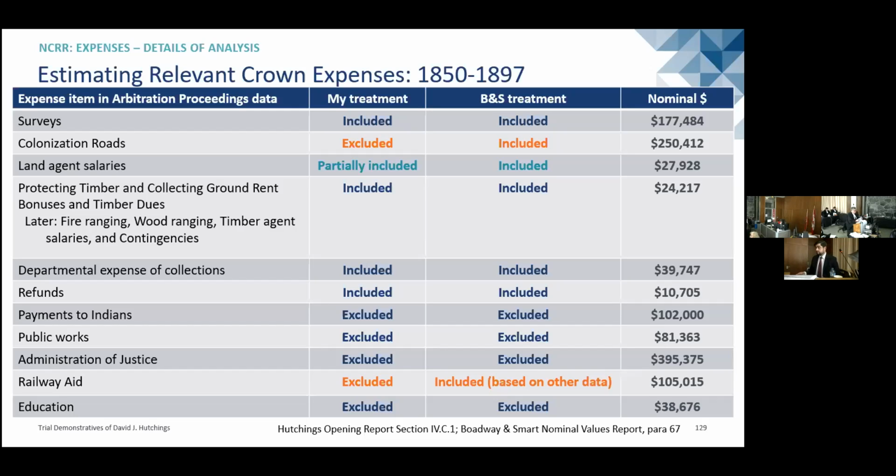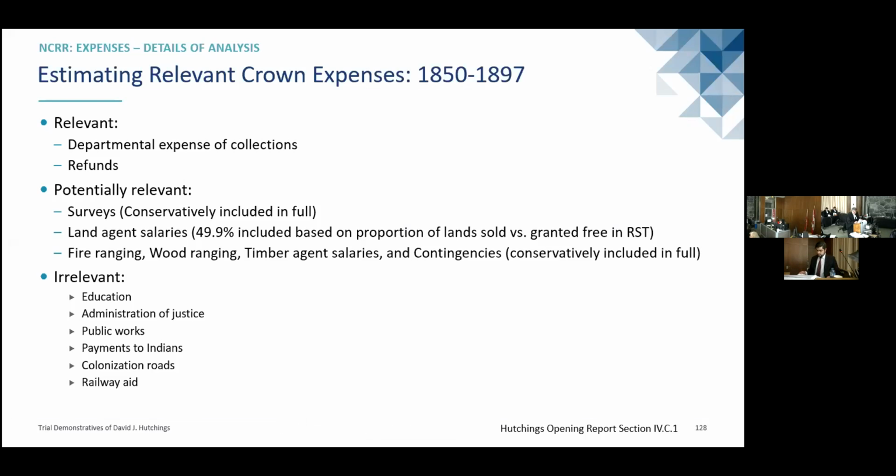Can I just ask you one question, please, going back to 128? You have talked throughout about expenses that are relevant, not relevant, or partially relevant. And then on page 128, you have relevant, irrelevant, and potentially relevant. Is potentially different than partial?